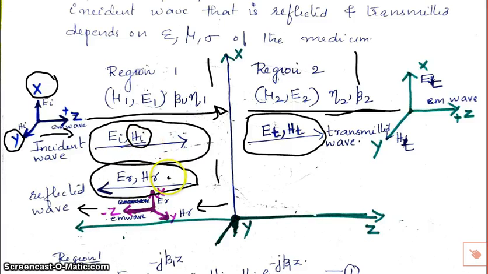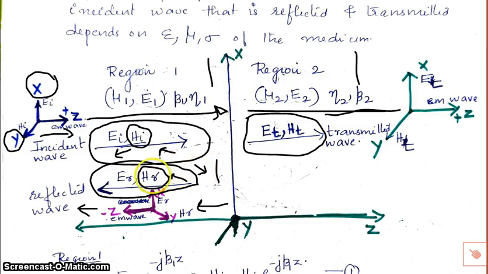Then the direction of the magnetic field Hr will be opposite to that of Hi. For example, if Hi is pointing outward, Hr will be pointing inward. If Hi is pointing inward, Hr will be pointing outward.